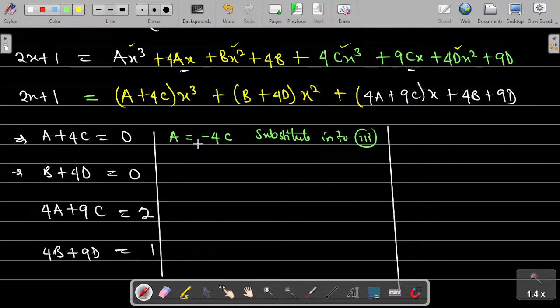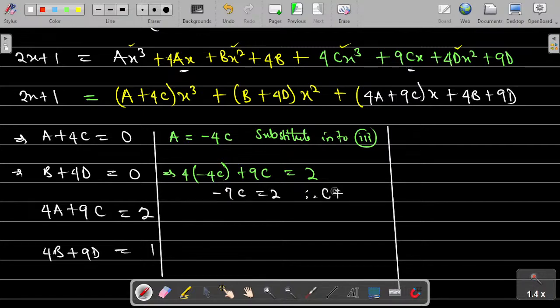So if you substitute this into equation 3, where you have A, that's going to give us 4 times A, which is minus 4C, plus 9C will be equal to 2, okay? Alright, so that's going to give us minus 16C plus 9C. Let's do that at once. Minus 16 plus 9 will give us minus 7C is equal to 2.